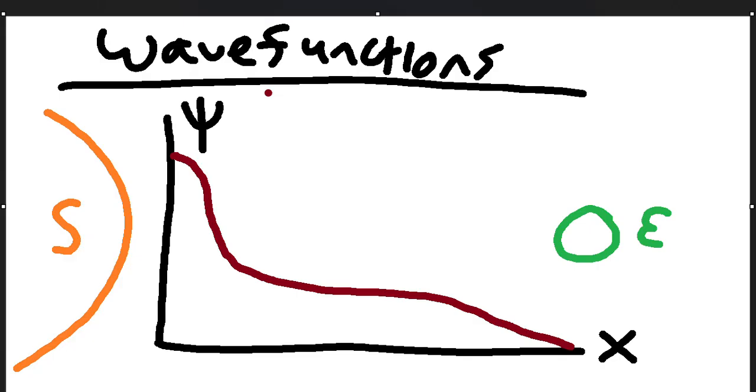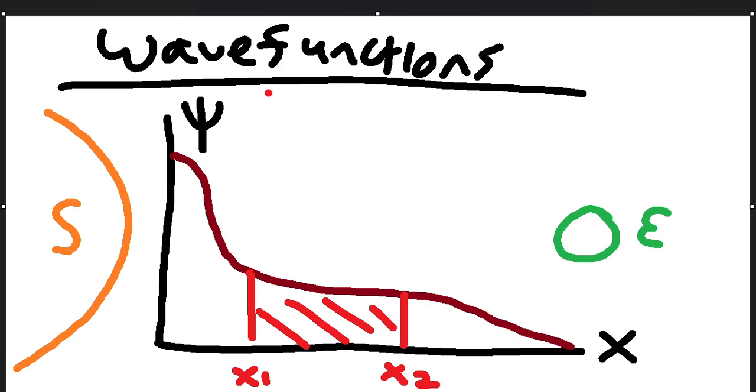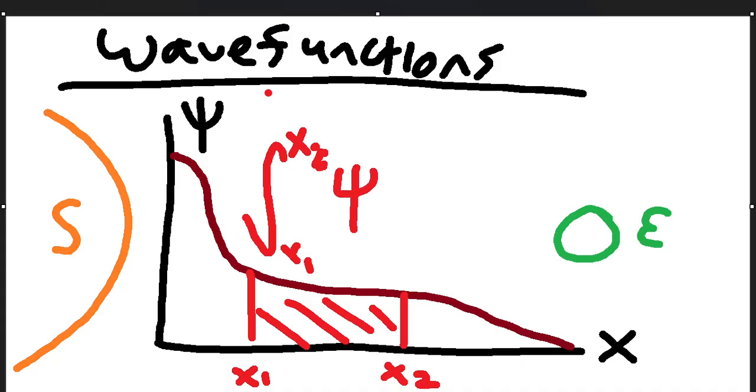And as a side note, this will come up later when I go over some use of calculus in quantum mechanics. But if we want to find the probability of finding it between two spaces, it's somewhat connected to the area underneath. In particular, we take the integral from x1 to x2 of psi times psi.